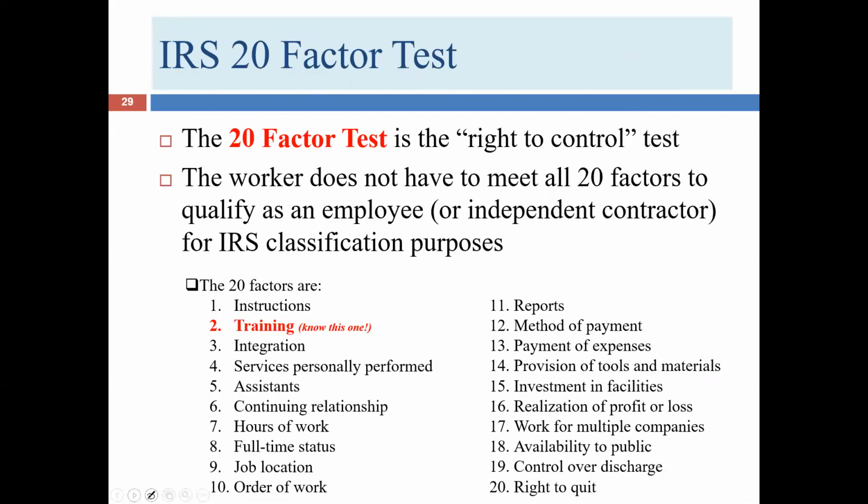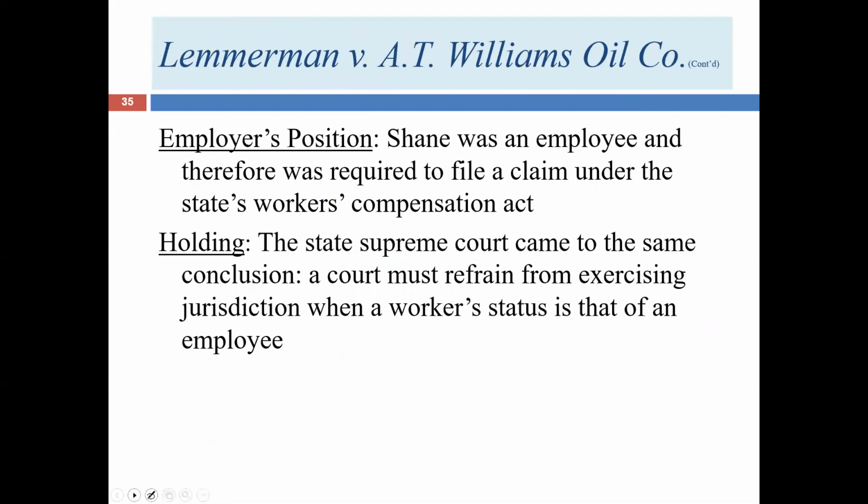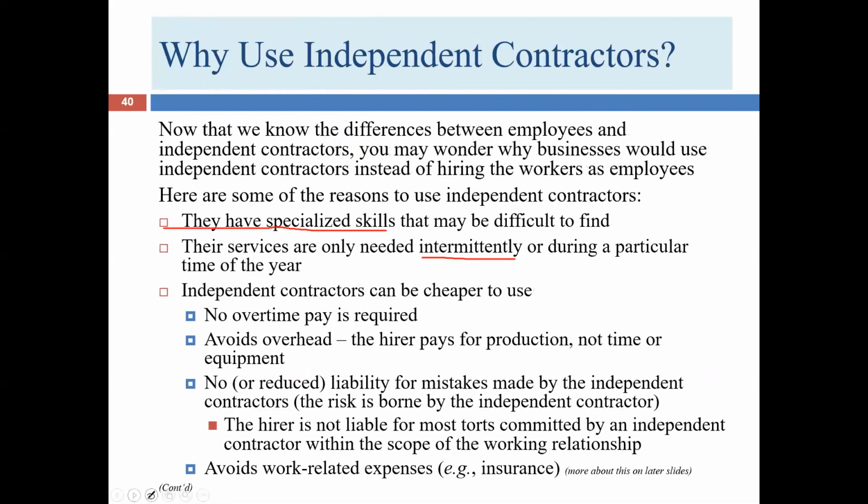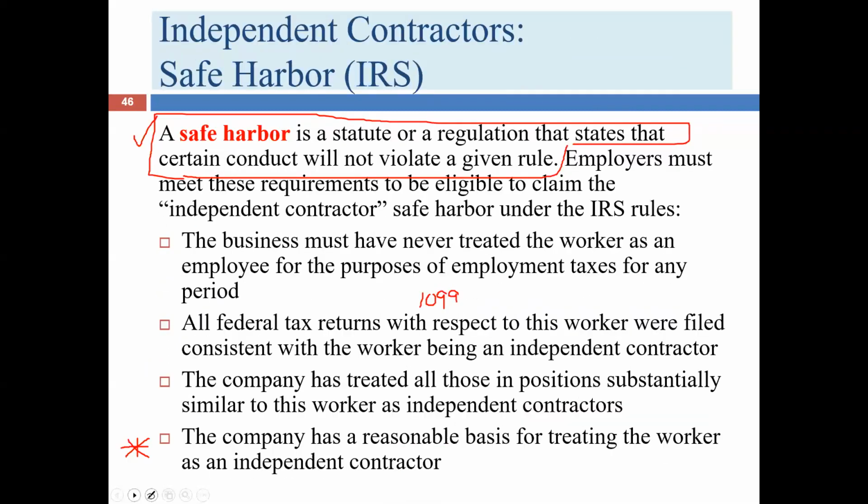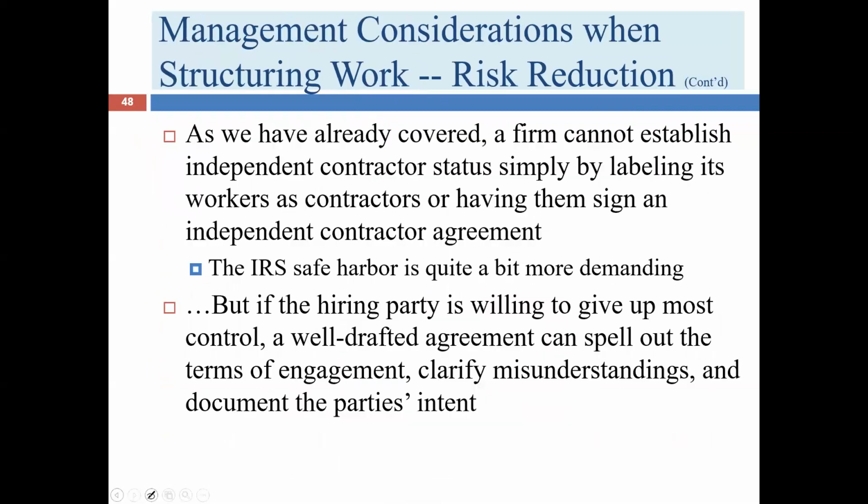You're going to have things in the document that say, this worker is responsible for his own training. He's responsible, or she's responsible, for hiring their own assistants. All of these things that make it seem like it's an independent contractor. But as you can see in this example, if it's a duck, if it quacks, it's a duck.